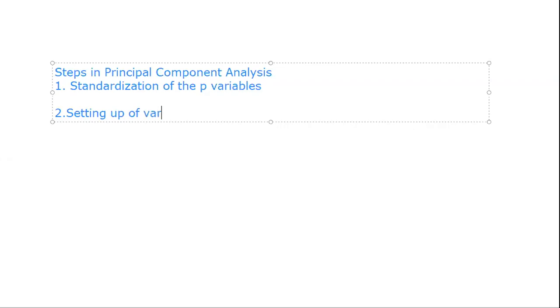Okay, setting up of the variance covariance matrix, or you can simply call that the covariance matrix. Some of you may want to ask, I think I've told you the reason why we have to go through the standardization. Now the question is, why do we need to set up a covariance matrix?